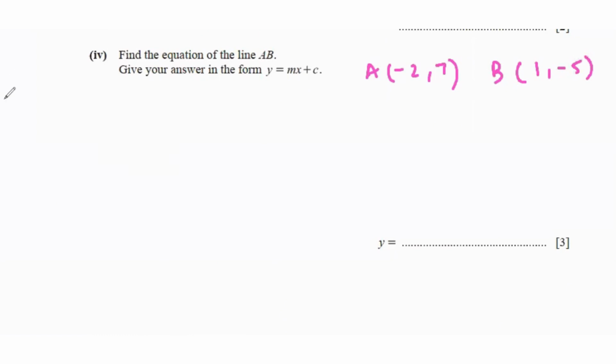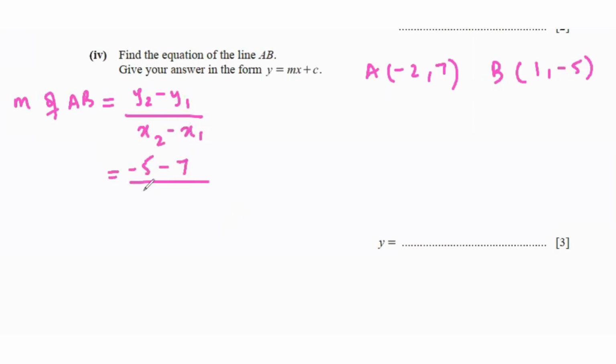So first we find the gradient of AB, which is y2 minus y1 over x2 minus x1. -5 minus 7 over 1 minus -2, which is going to equal -12 over 3, which is -4.